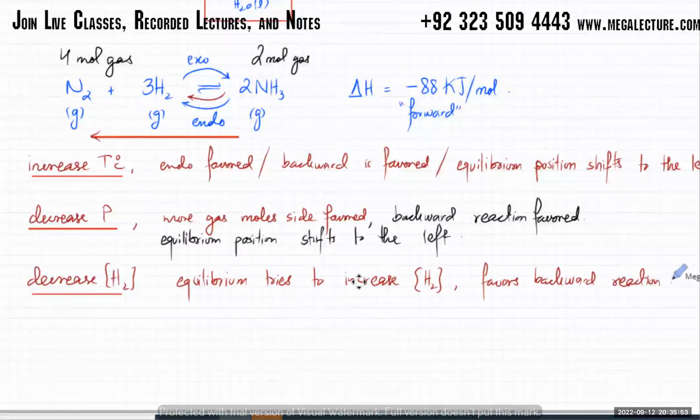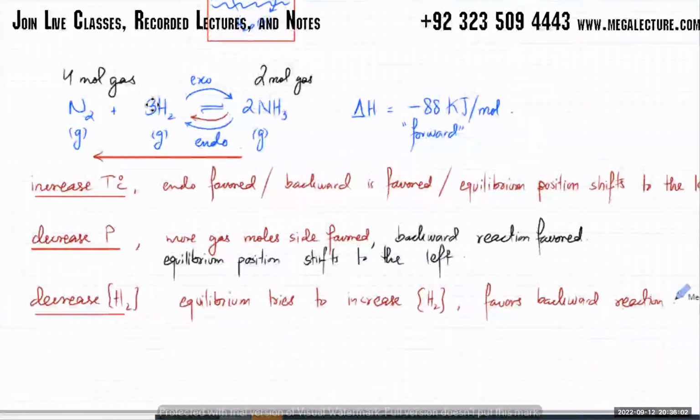As it favors backward reaction, it tries to make more H2. Backward के अंदर more H2 is going to be formed. ठीक है. तो इसी की और practice. ये आखिरी तीसरा तो clear है ना सारों को.